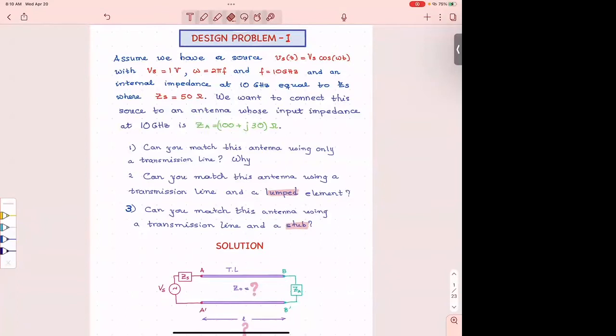You are expected to know that you will design your circuit to put most of the power that you have produced out for use. For example, that could be the source, could be the result of a transmitter.